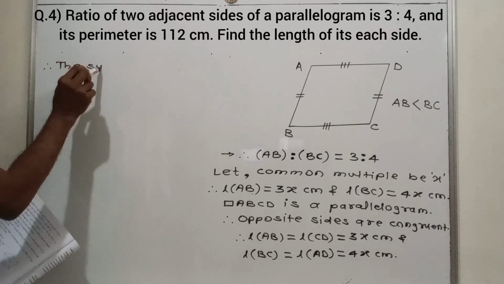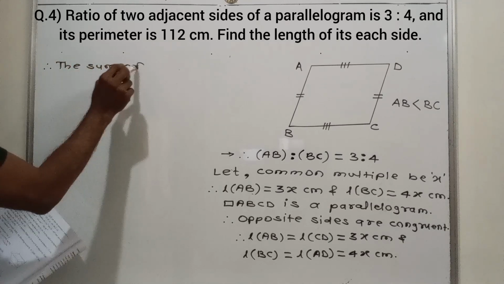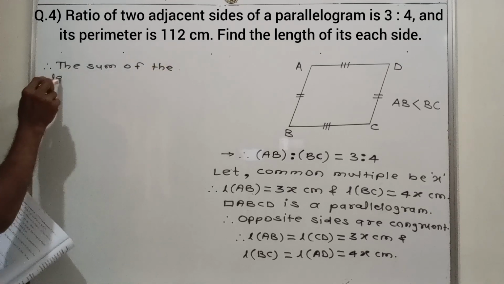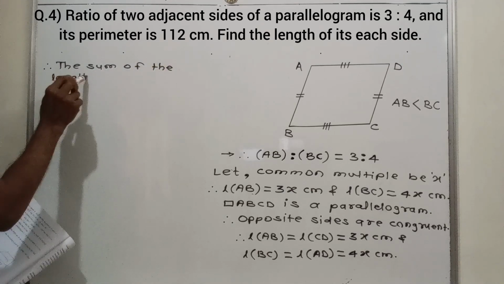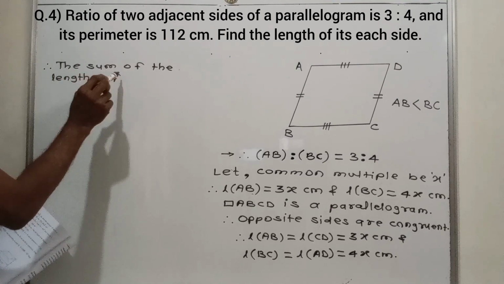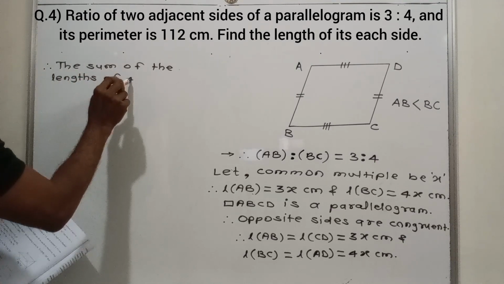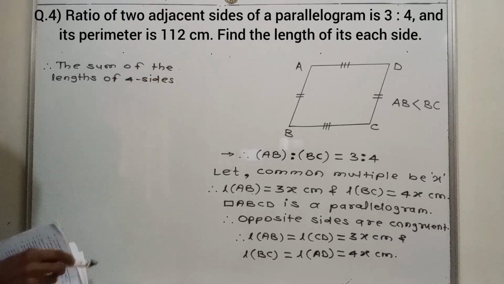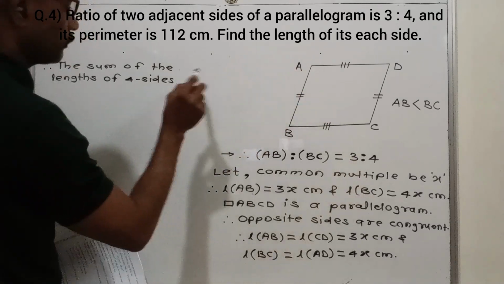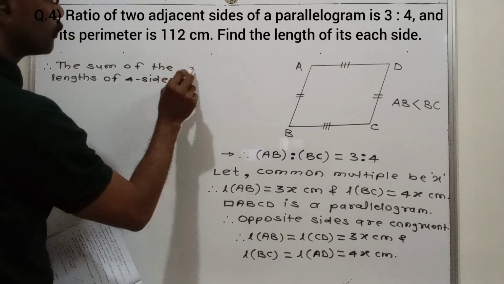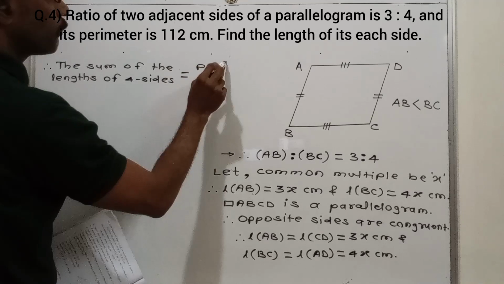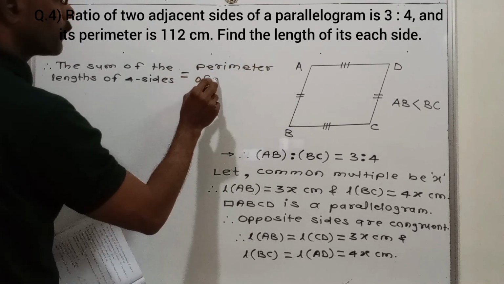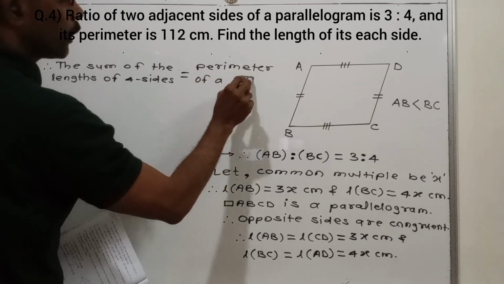The sum of the lengths of 4 sides of a parallelogram is equal to the perimeter of a parallelogram.